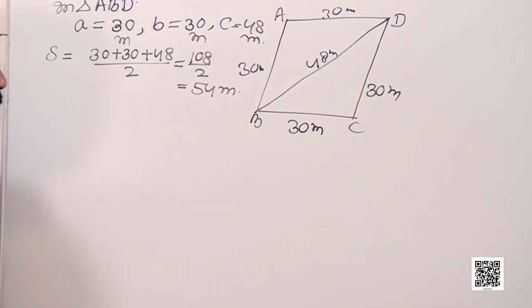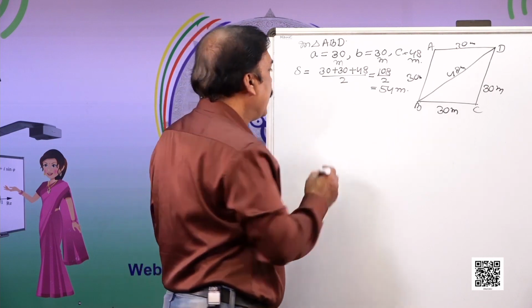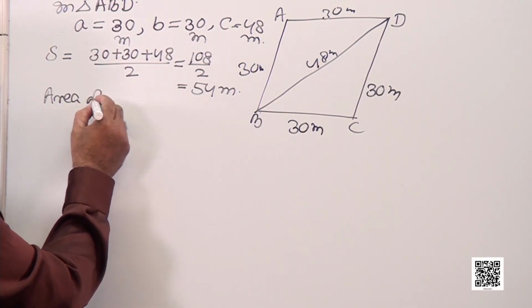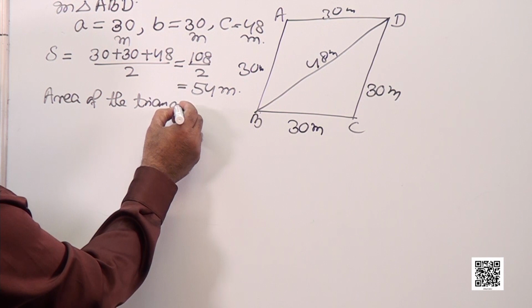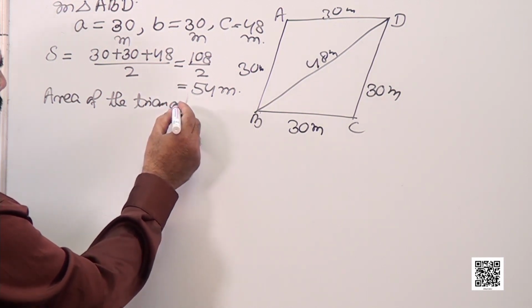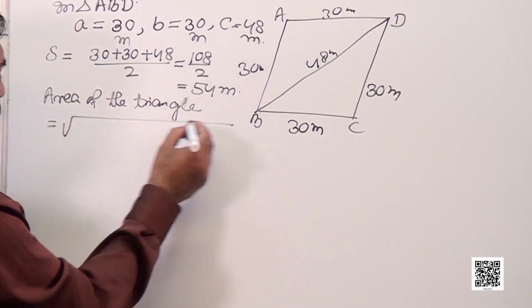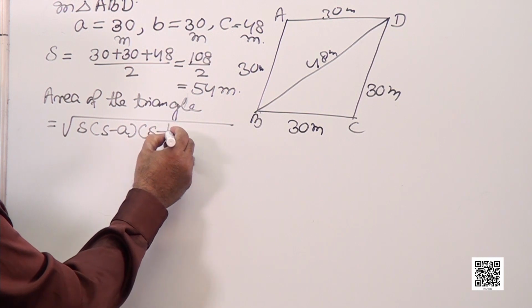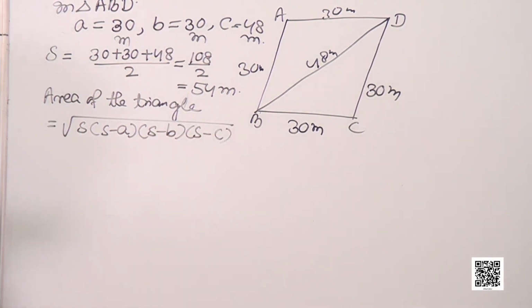Now what is the area of the triangle? The area of the triangle is equal to the square root of s into (s minus a) into (s minus b) into (s minus c).